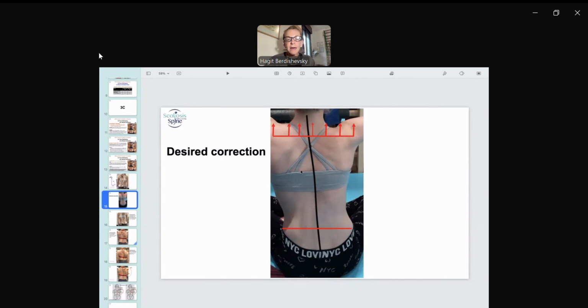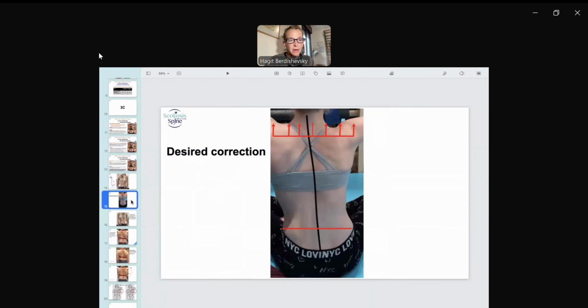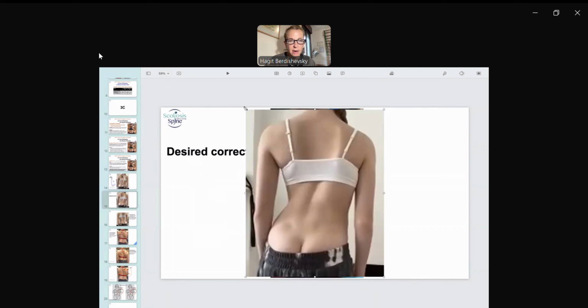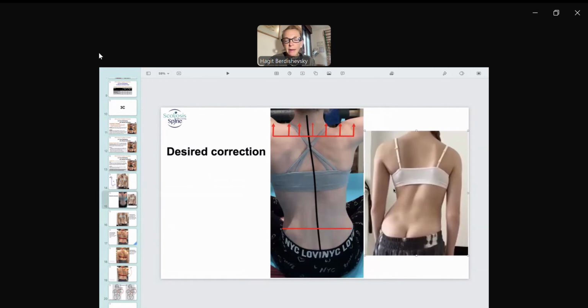So she is able to expand her thoracic. Maybe I'll take this picture from here and put it on the side so we can always refer to it. She is able to expand, to take the pelvis a little bit to the right, level it. We must make sure that she levels it. Upper thoracic, you can see the right shoulder in a clinical picture is lower than the left. Now we're doing some maneuvers and we need to keep it leveled.